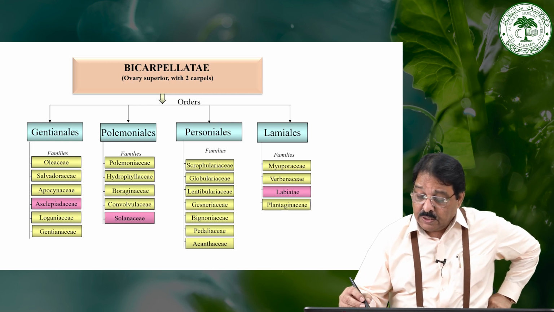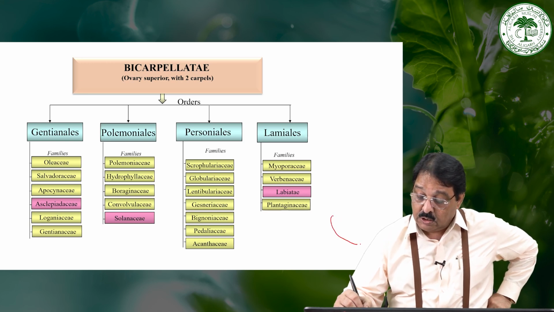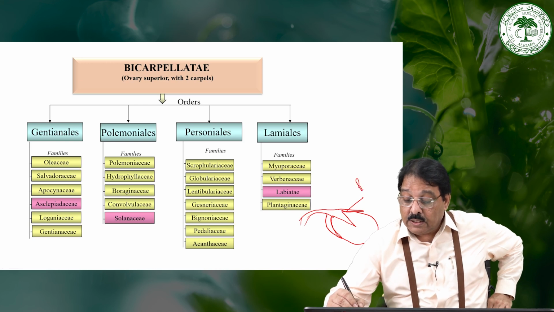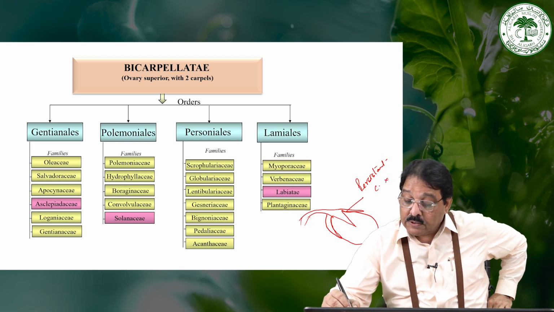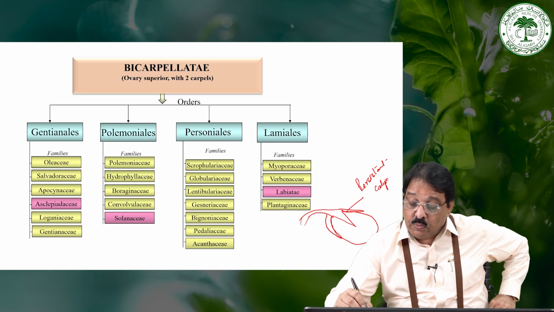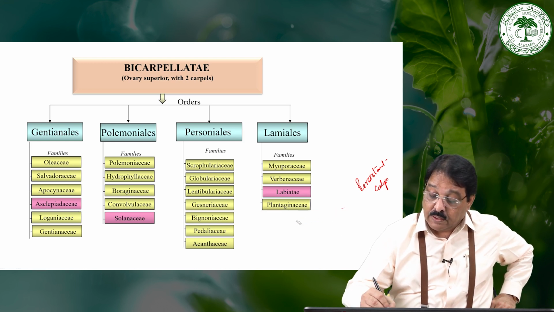In case of the Solanaceae, if it is a persistent calyx, as in the brinjal, such calyx is called persistent calyx. It persists with the fruit, with the ovary you can say, and whenever you want you can remove this calyx.